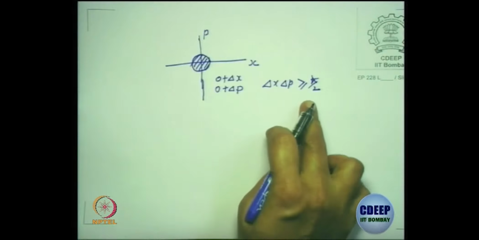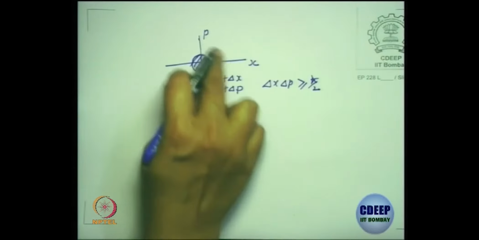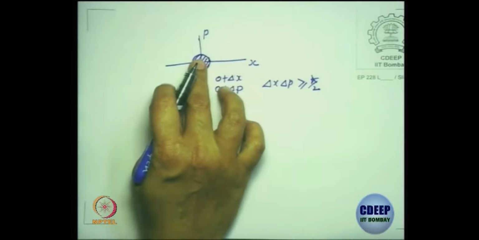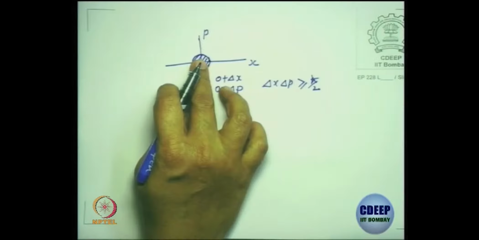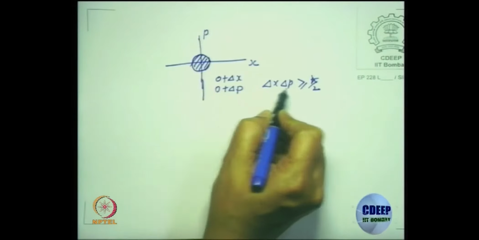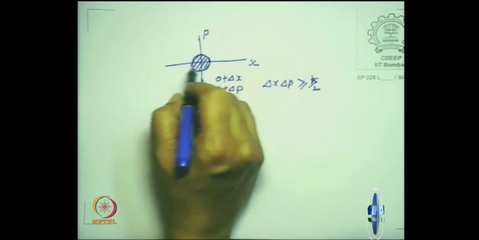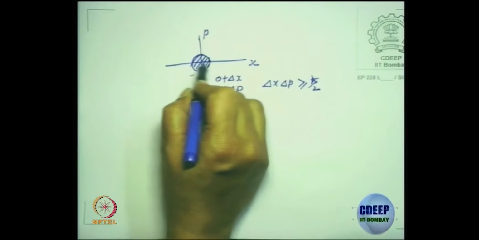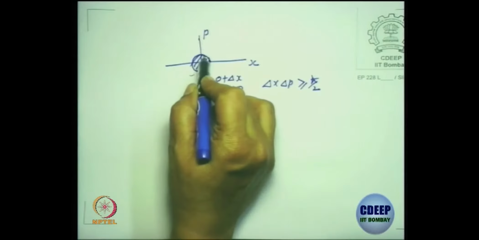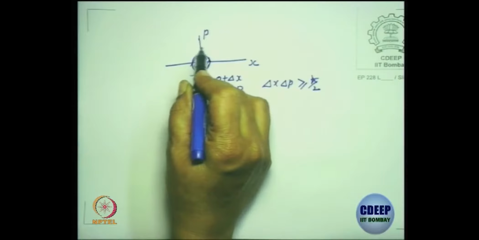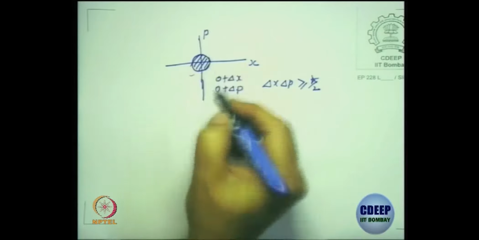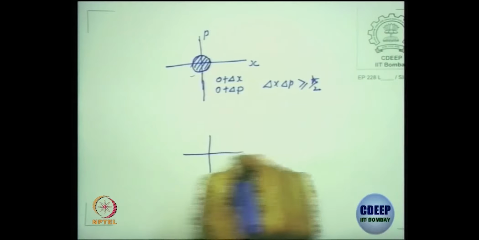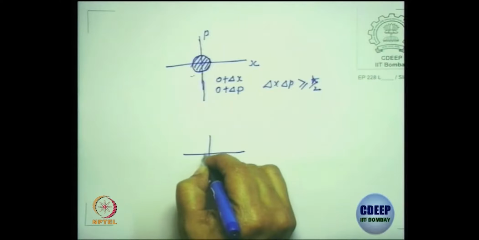When it becomes equal, this area will be a minimal area, right? With both delta x and delta p having equal legs, if you take, it is a circle. It could also be an ellipse. You can have situations where you have it something like this.